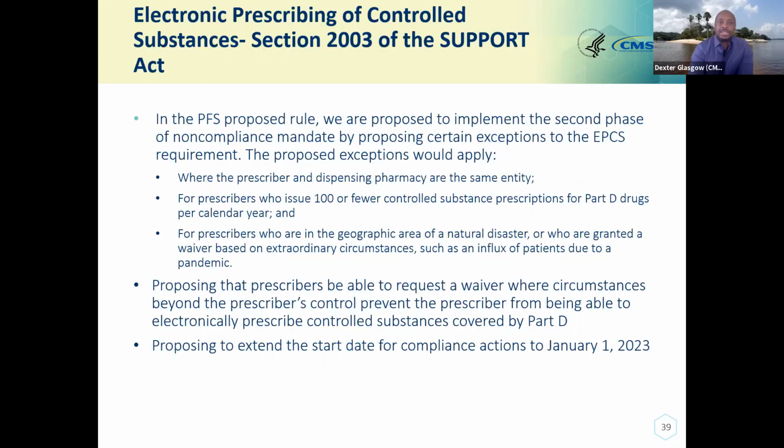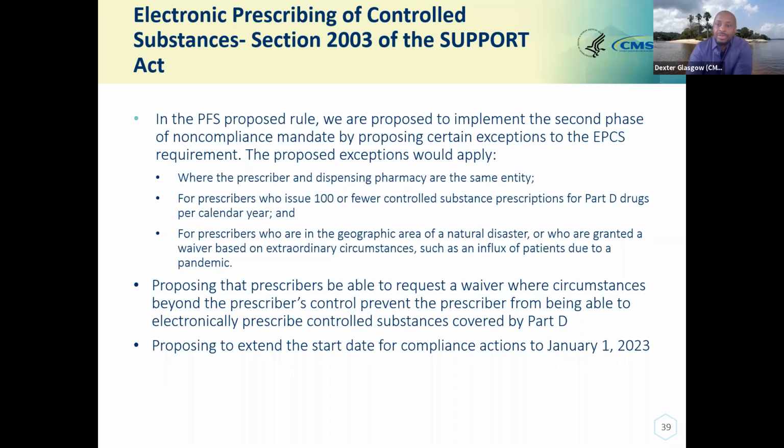Now, let's look at electronic prescribing of controlled substances. Section 2003 of the SUPPORT Act requires electronic prescribing of controlled substances for Schedule II, III, IV, and V controlled substances covered through Medicare Part D. The statute provides the Secretary with discretion on whether to grant waivers or exceptions to the EPCS requirement and specifies several types of exceptions that may be considered.